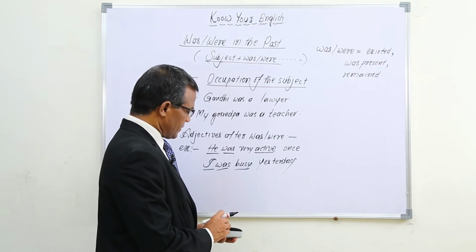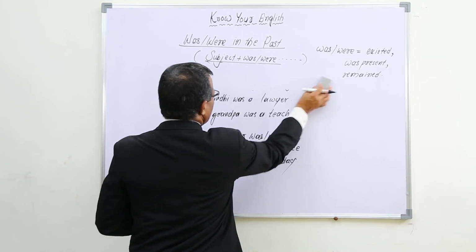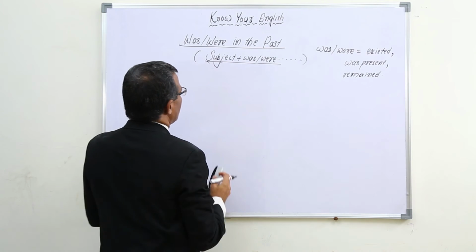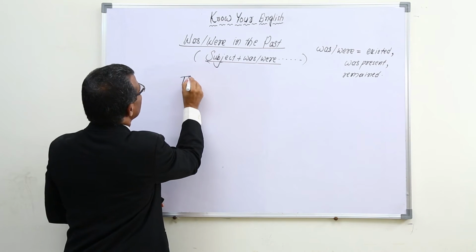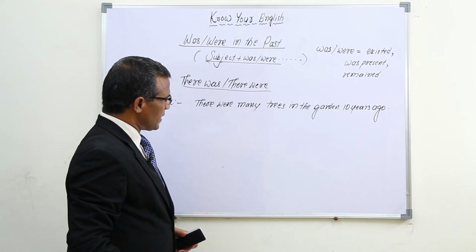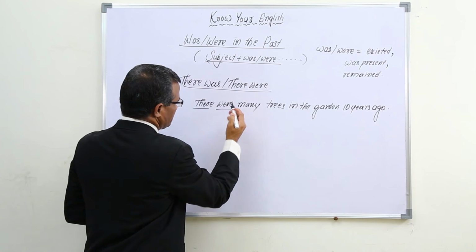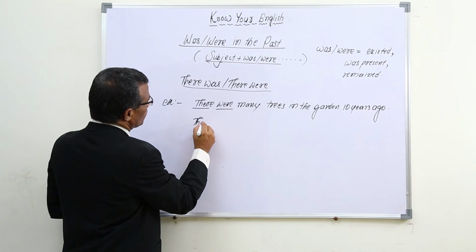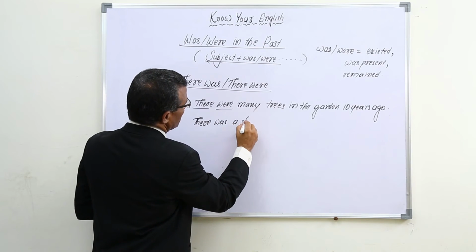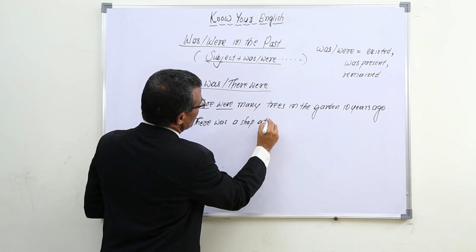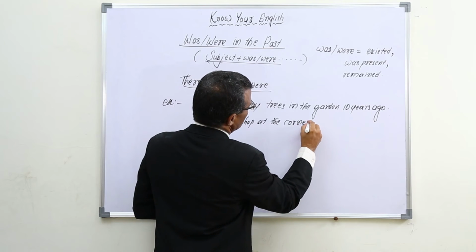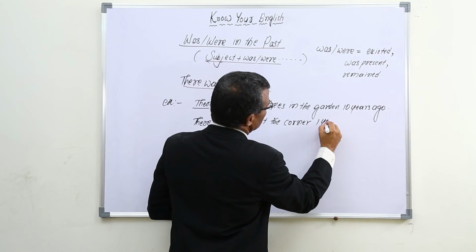And not only that, we use it with there was, there were also. For example, there were many trees in the garden 10 years ago. There was a shop at the corner one year ago.